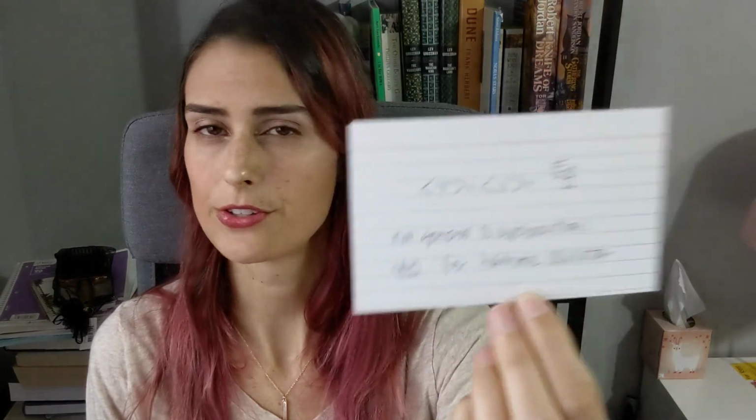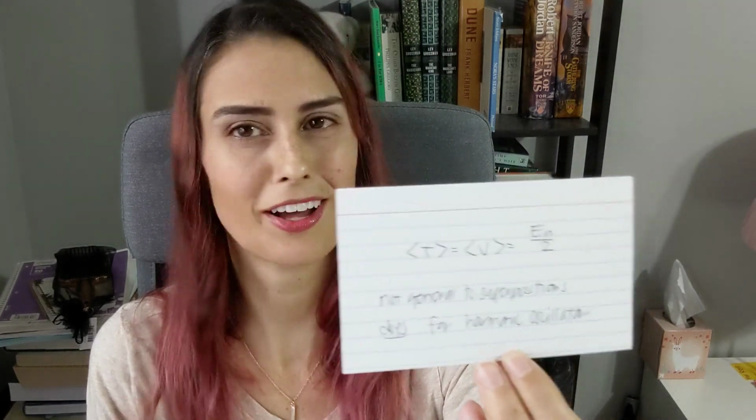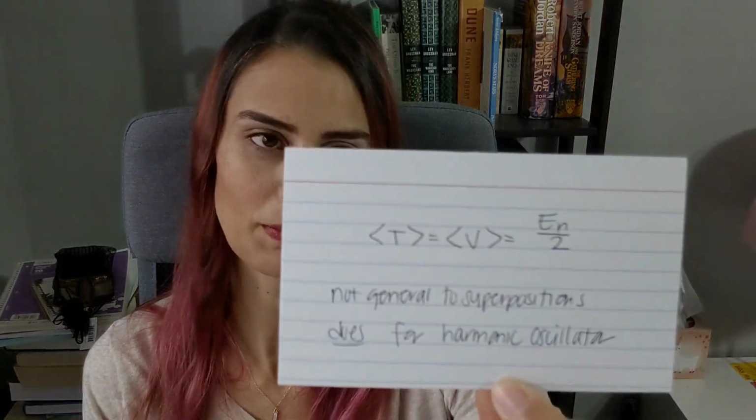This is not general to superpositions, but does work for the harmonic oscillator. So I think that means it is for the harmonic oscillator. I'm sorry. Hopefully these will be more helpful if you can print them out and look at them than listening to me try and say these out loud.